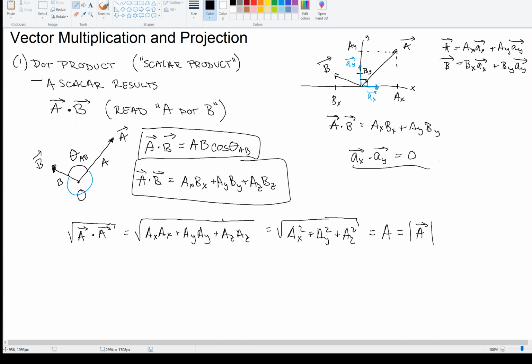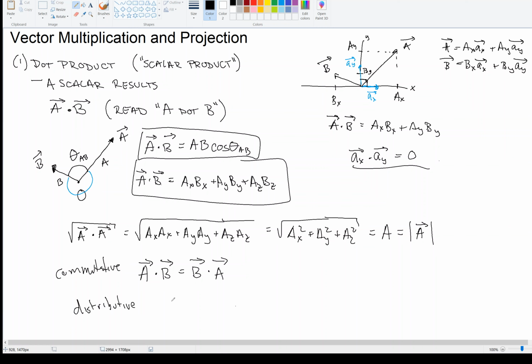Now the dot product is commutative. So A dotted with B, just like usual multiplication, is B dotted with A. I'll just make a note here: this is commutative. And it's also distributive.